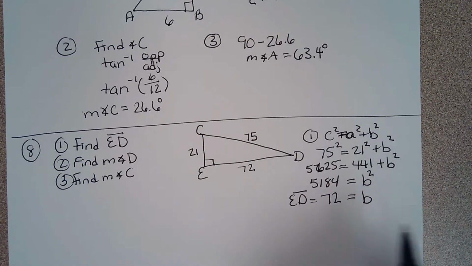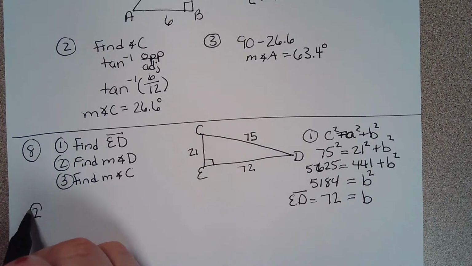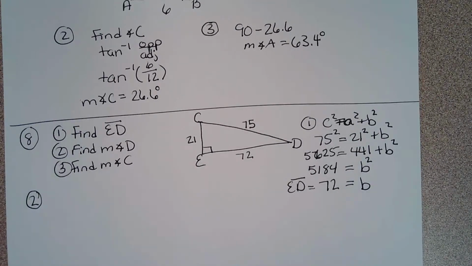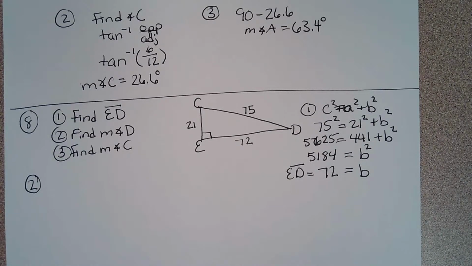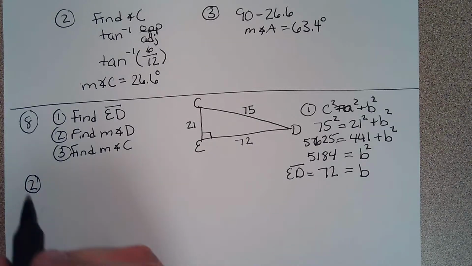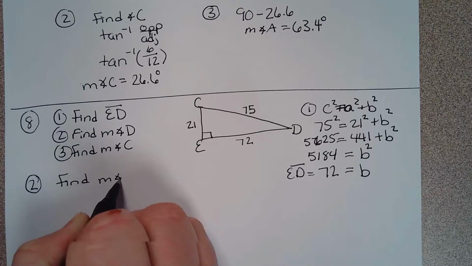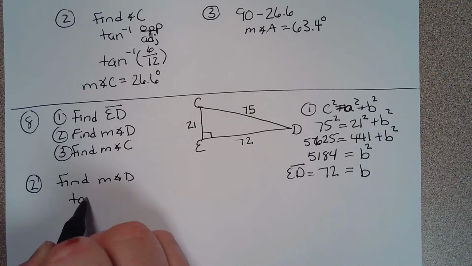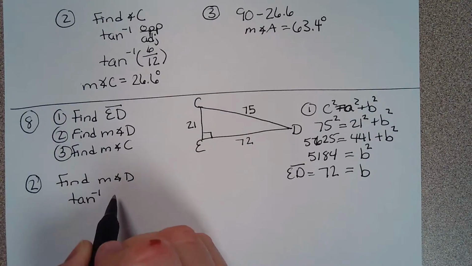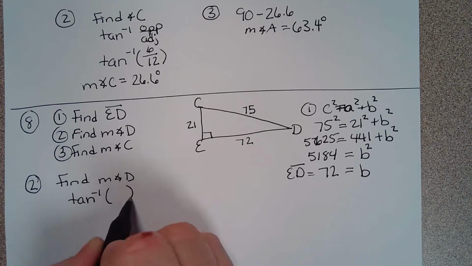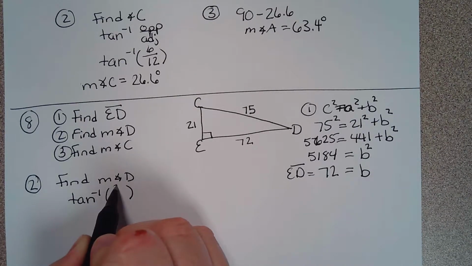So now we're going to do part 2. Part 2 is a little easier if I know that. So for part 2, we're going to find the angle of D. So we're going to use tan again. So tan^-1. We're going to actually use the 72 because it's a whole number and not a radical.